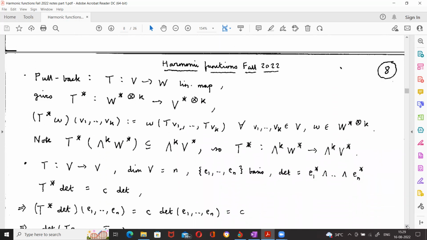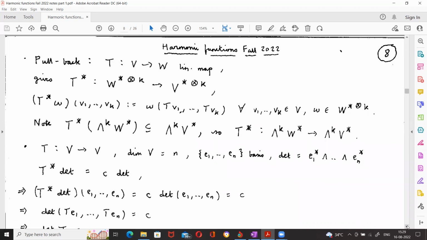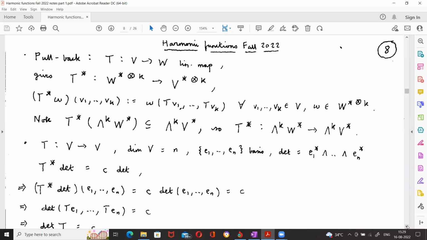Okay, so now let's talk about the pullback of tensors. If T is a linear map from V to W, finite dimensional vector spaces, then we get a pullback map T star, which goes in the opposite direction, from the kth tensor of W star to the kth tensor of V star.